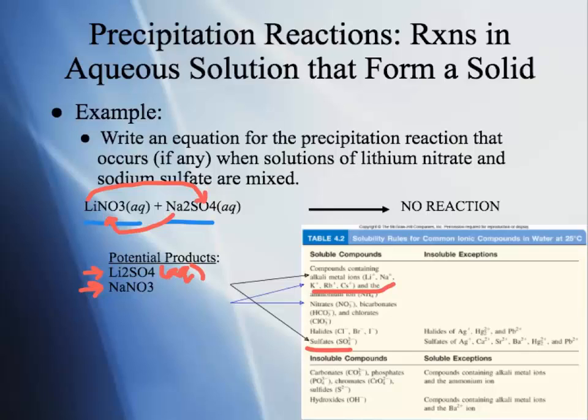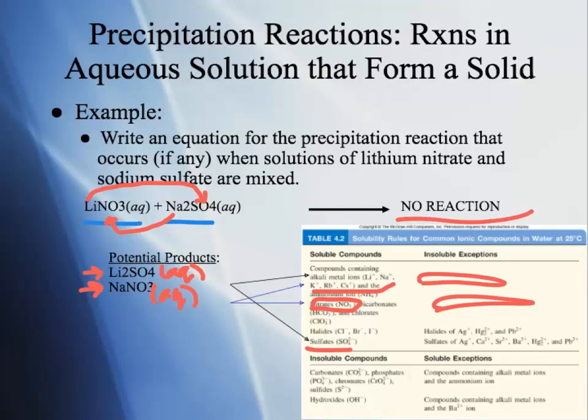Now sodium nitrate, again, nitrates are soluble. There's no exceptions. And sodium is part of the alkali metals, and there's no exceptions there either. So this guy is also AQ. We're not going to have any solid products here. So we have to write no reaction.